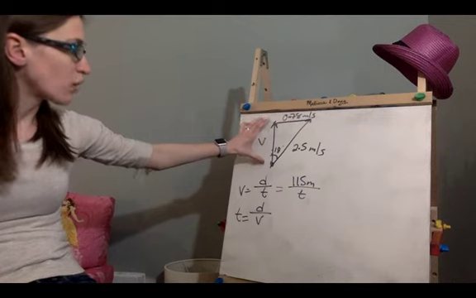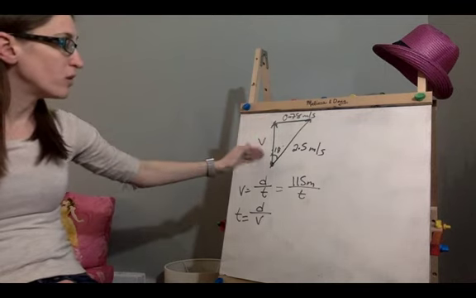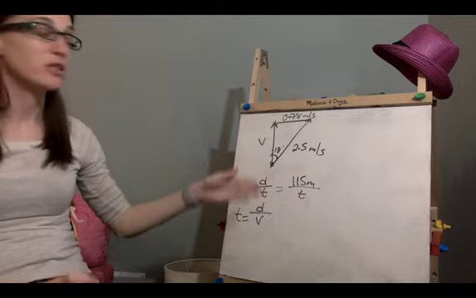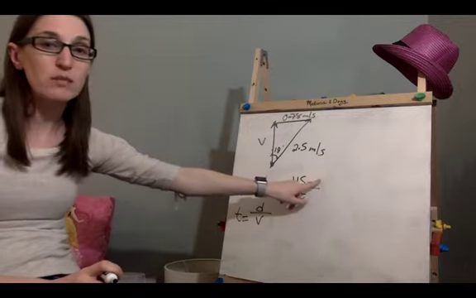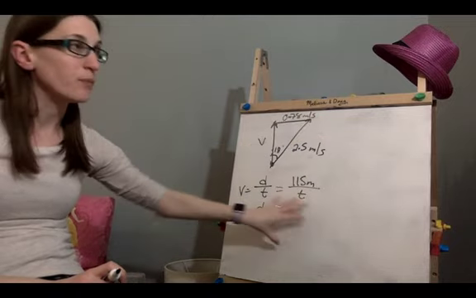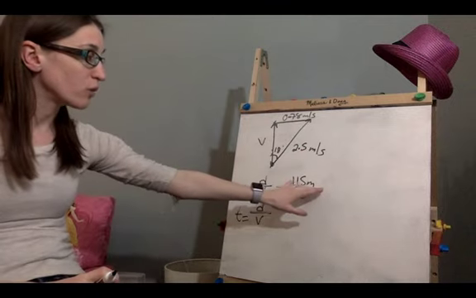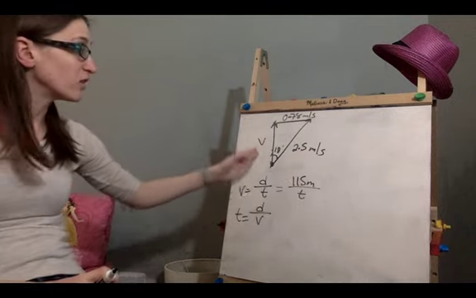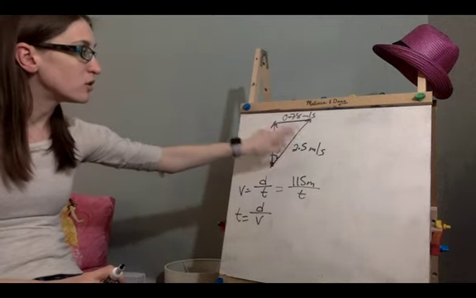Now, since this represents the river, what would be the velocity in terms of the relative velocity just going straight? Because that 115 meters is just straight across. Going back to vector components, in order to accurately determine the relative velocity going straight across, I need to use these two pieces of information.